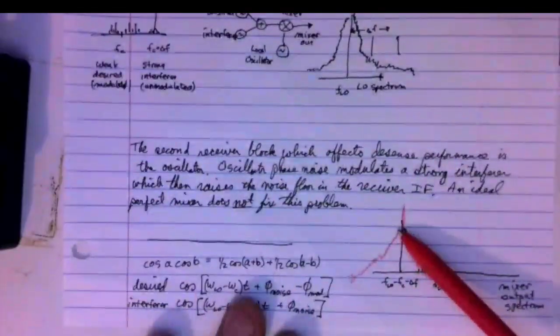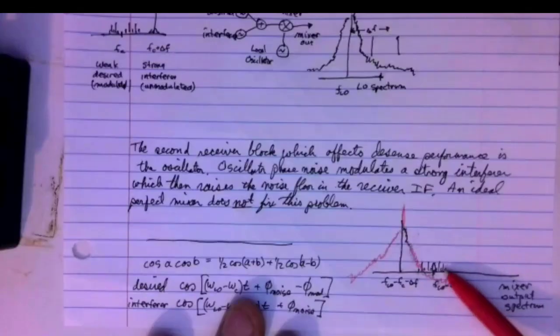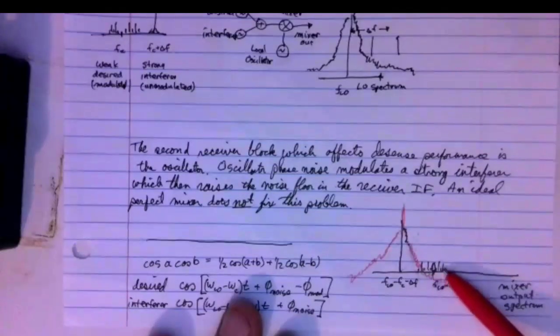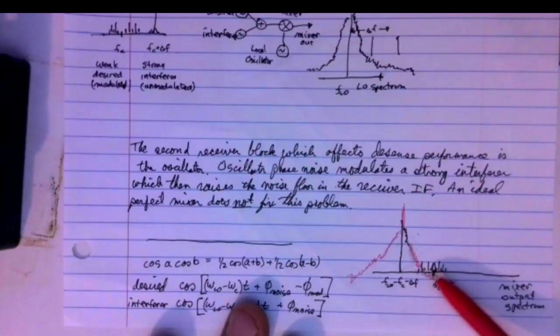That's what you're looking at when you measure hum and noise with a strong desired signal with no modulation on it. However, we're not using a strong modulated signal here. We've got a weak modulated signal, and we've got modulation on it. So the modulation kind of covers over whatever little close-in phase noise impact that would have.